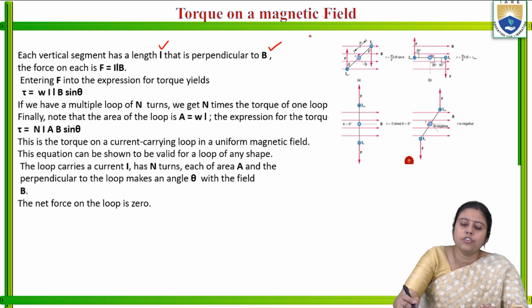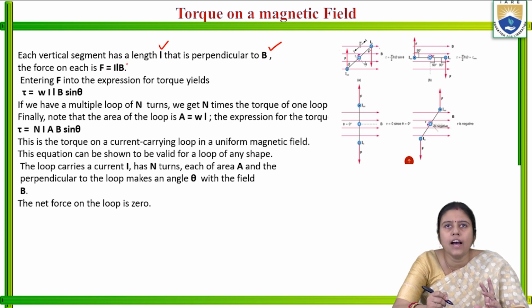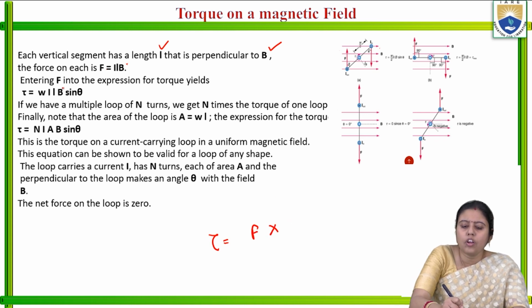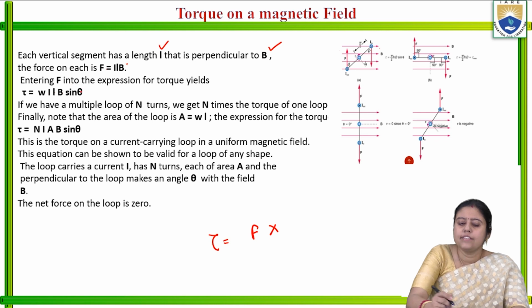So what is the force? Force F is equal to BIL. We are only taking the highest value, not all the values. So we know what torque is. Torque is nothing but the force into the distance, or we can write BIL sin theta.